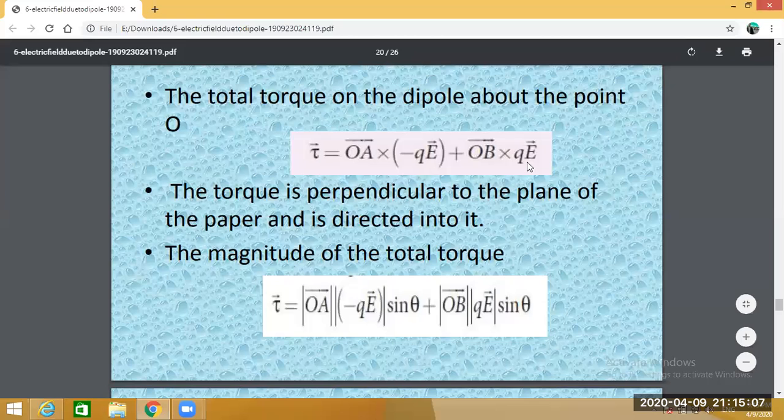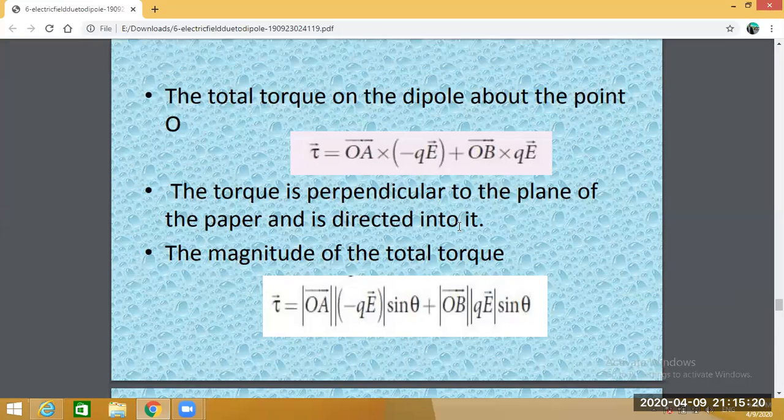Now take the common things together. Now the torque is perpendicular to the plane of the paper and is directed into the plane. Because this torque is clockwise, it is directed into the plane. If it had been anticlockwise, then its direction would have been perpendicular and upward, out of the paper. So try to understand.